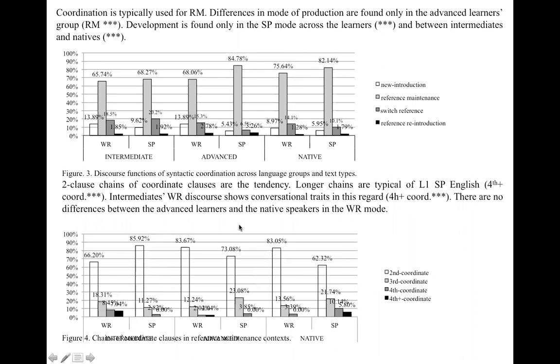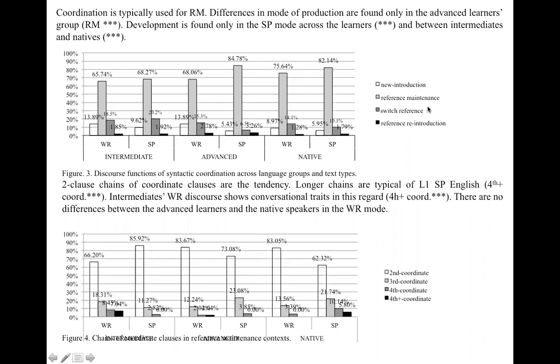In figure 3, I'm looking at the function of coordination. So I only look at coordination contexts, and I'm looking at the different discourse functions of coordinate clauses. The interesting thing here is that, as you can see from the percentages in all the batches, regardless of the mode of production, coordination is used for reference maintenance.